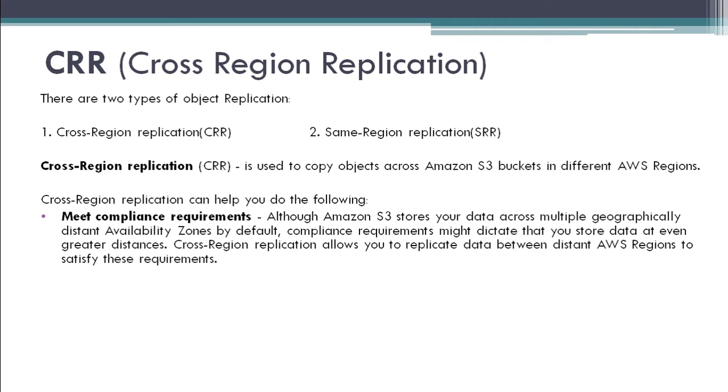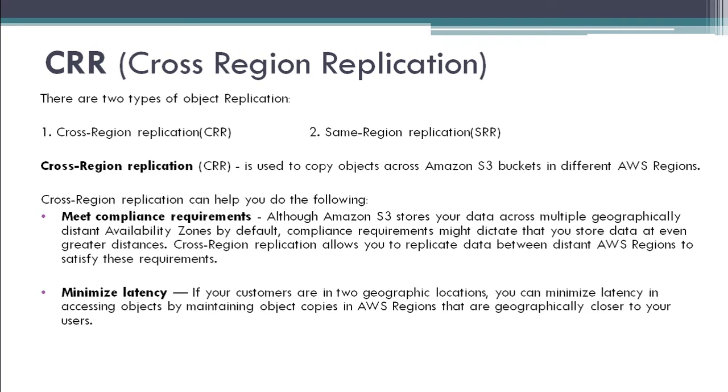Cross-region replication allows you to replicate data between distant AWS regions to satisfy this requirement. Suppose you have a compliance requirement to keep multiple copies of your data at a longer distance. You can set up CRR, replicate your objects from one region to another, and meet this compliance.